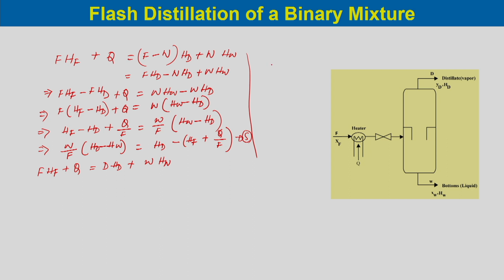Now, the total material balance F is equal to D plus W. So, W we can write as F minus D. From this we can write D HD plus, in place of W we substitute F minus D, so we will have F minus D into HW.